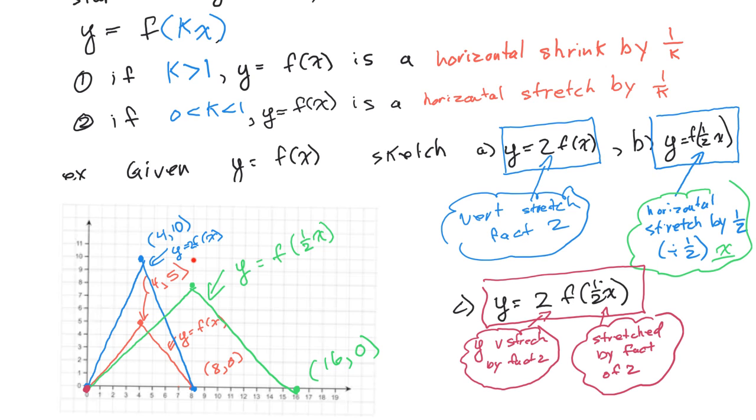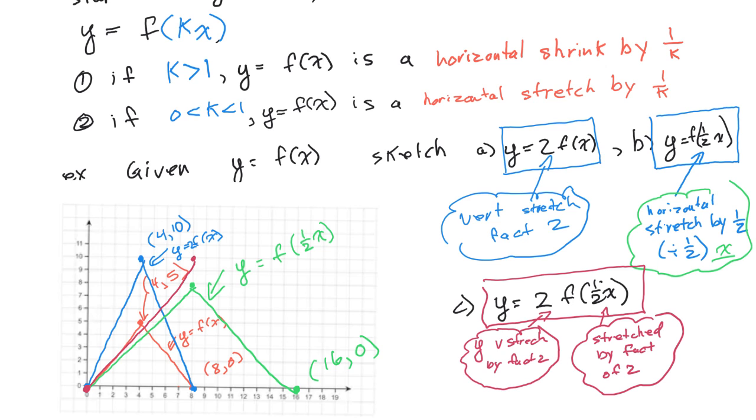Oh, would you look at that? There's our first point. Oops, yeah, 8, 10. So there it is, and there is our first set of points that goes up to here.